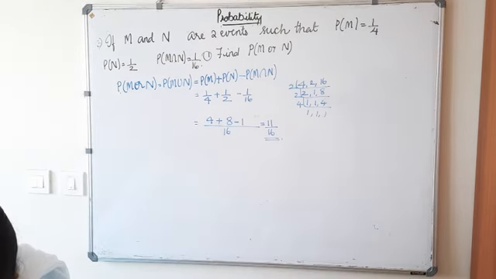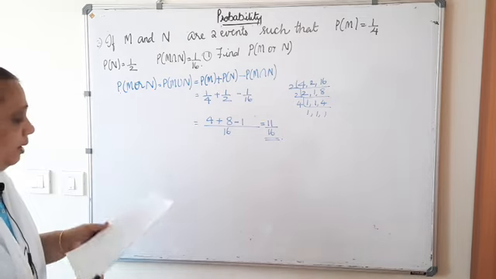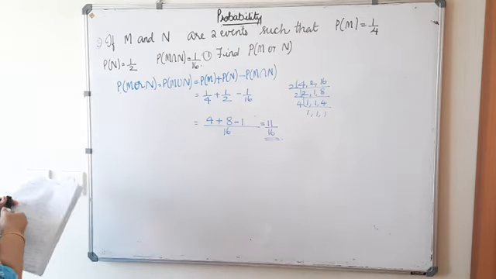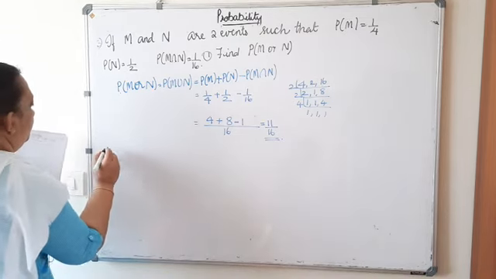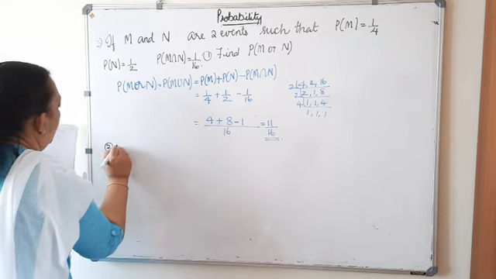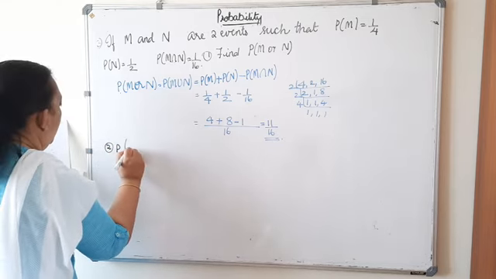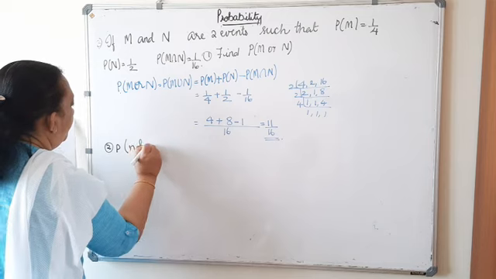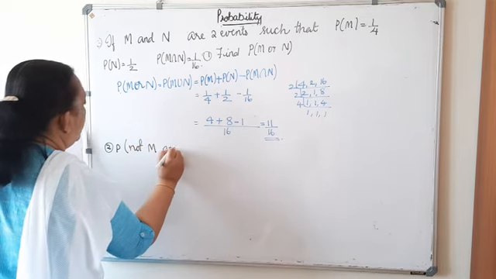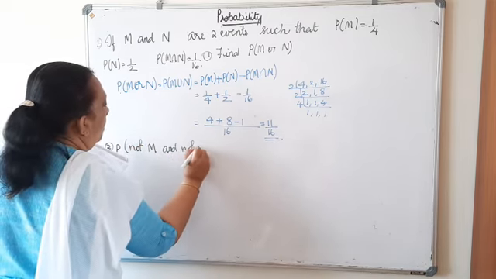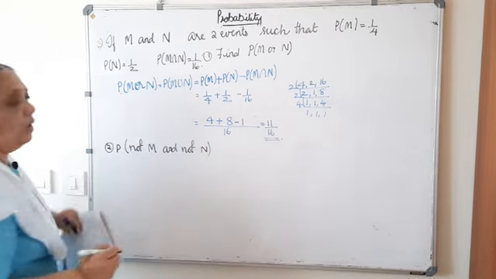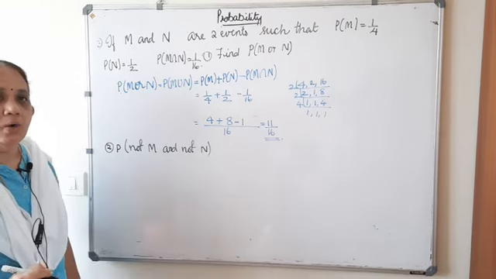One more question is there, related to the same question. P of not M and not N. How do you write P of not M and not N?